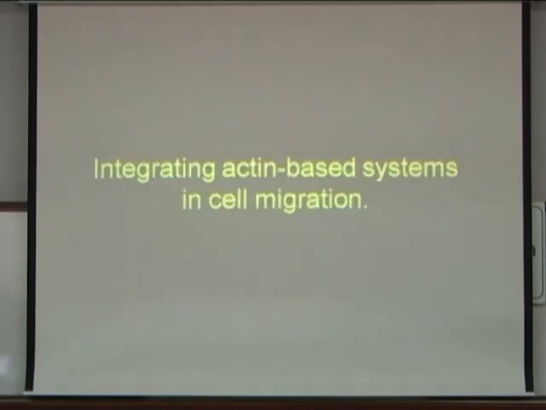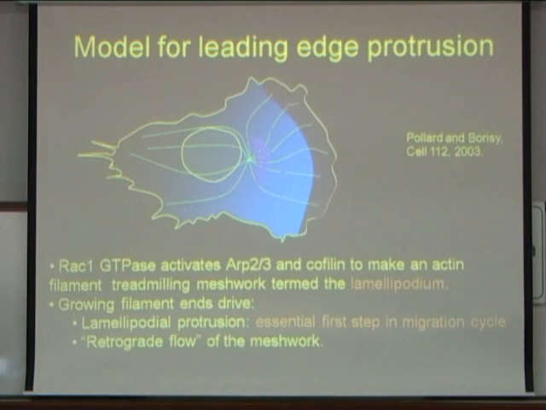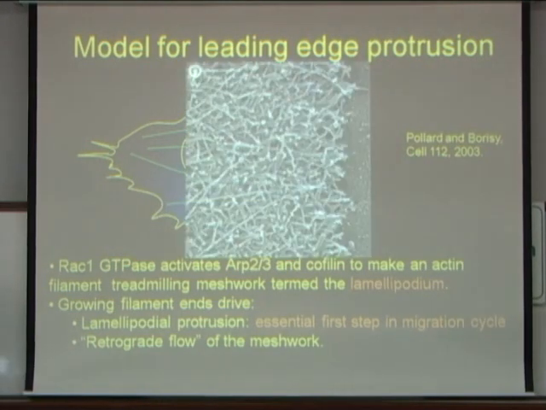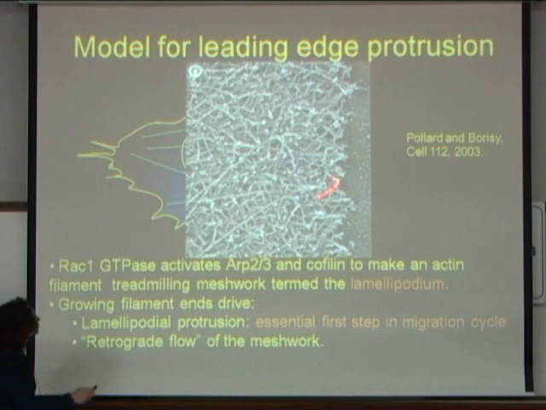Okay, so the actin cytoskeleton. Over the past 10 years, a model has come about, based on structural biology and biochemistry, for how the actin cytoskeleton drives the leading edge protrusion of a migrating cell. By structural biology, we know that actin filaments form densely packed networks.